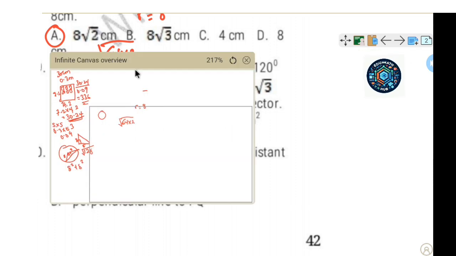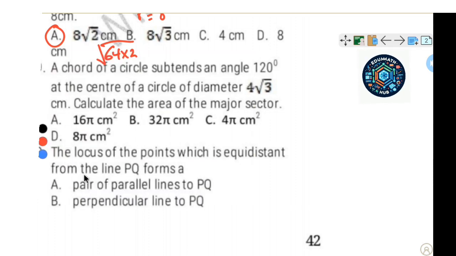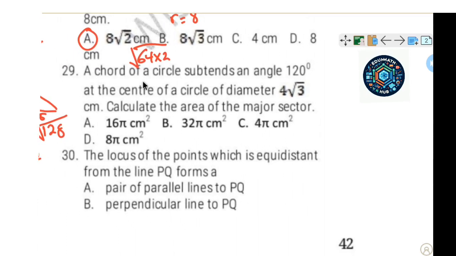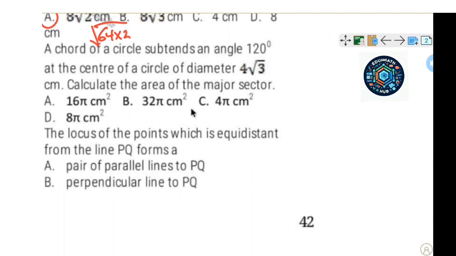So next one, a chord of a circle, that's number 29. A chord of a circle subtends an angle of 120 degrees at the center of a circle of diameter 4 root 3. You have to find the area of the major sector. So the first thing to do is to draw the circle. Just a sketch.